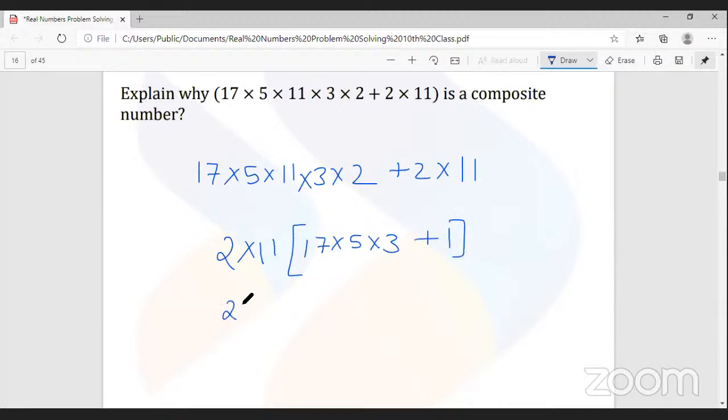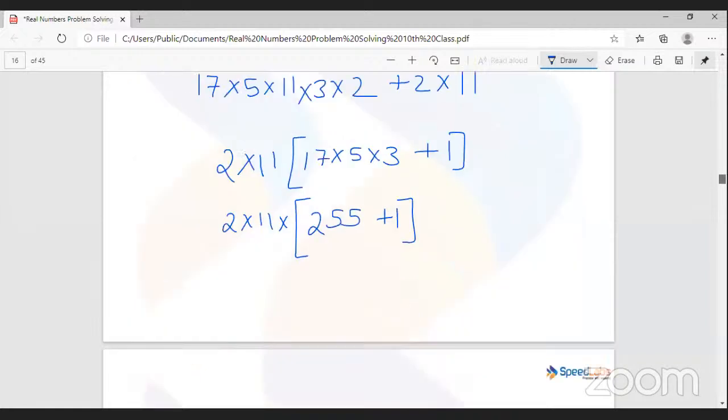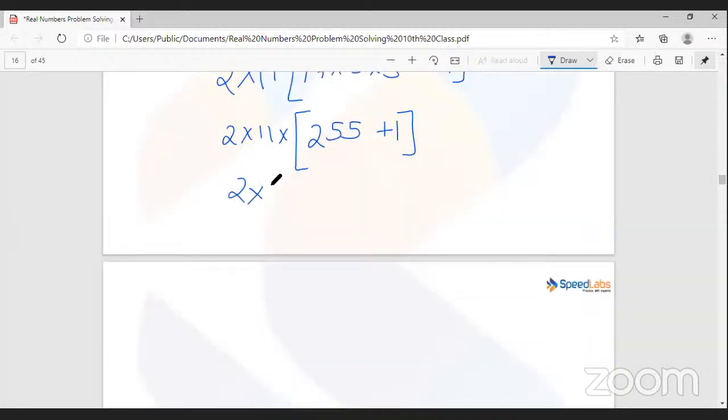So it is 2 into 11 into 17 into 15. Can we just multiply 17 into 15? Yes, 255 plus 1. So it is 2 into 11 into 256.